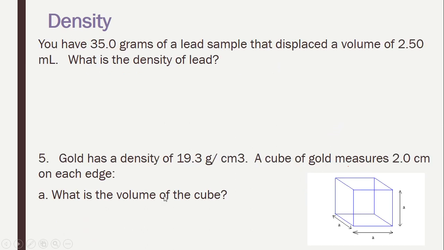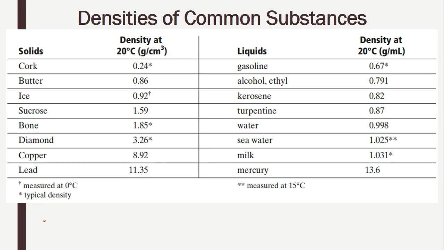All right. If you have 35 grams of lead that displaced a volume of 2.5 mLs, what is the density of lead? As you think about that for a second, I'm going to try to find my pen here in my studio. All right. So density is equal to mass over volume. The mass is in grams. So we're looking here, not there.